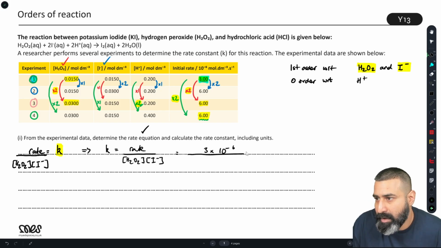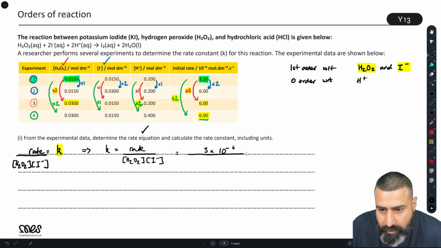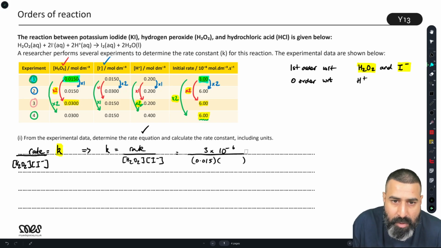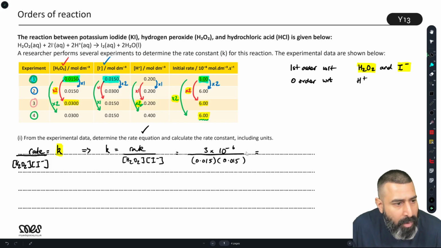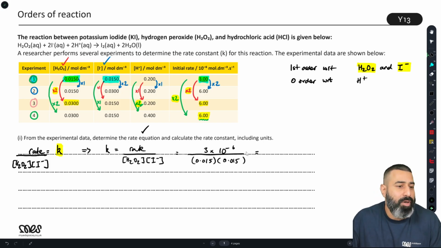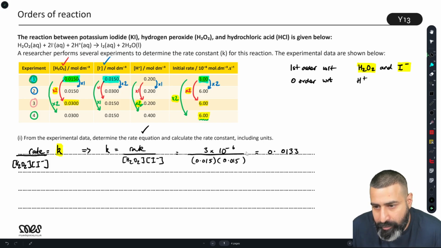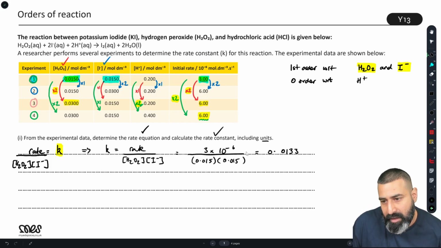So my H2O2 concentration is 0.015. And my I minus concentration is also 0.015. So if you process this, you will get an answer of 0.0133. So we've determined the rate constant, but we haven't given the units just yet.